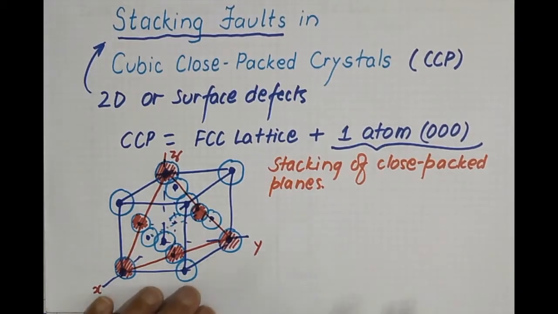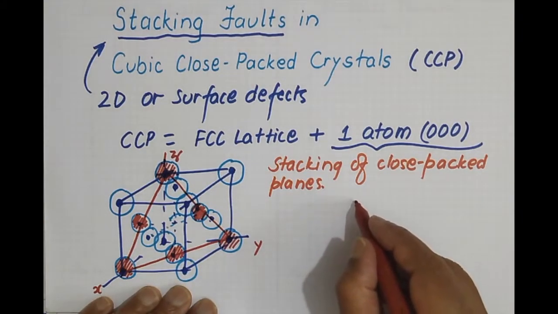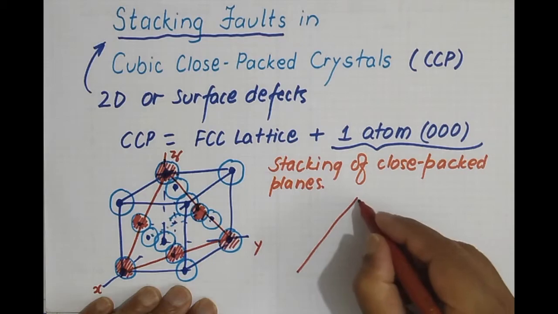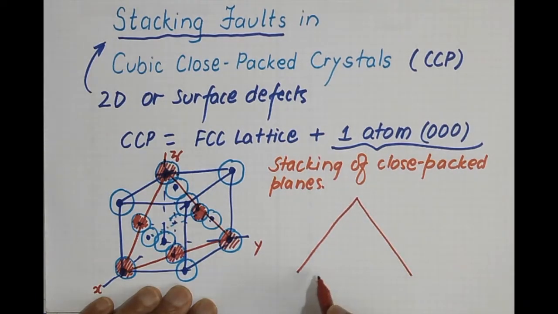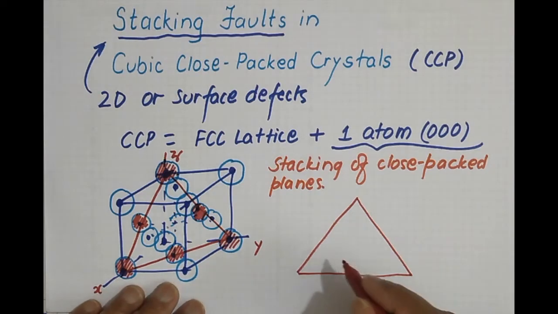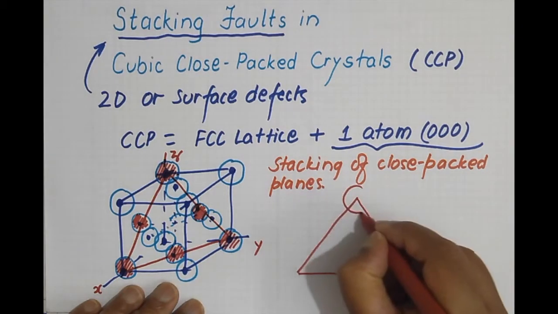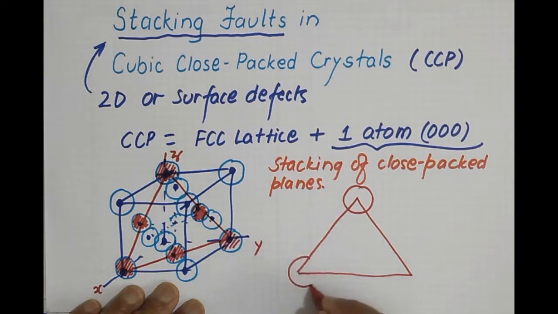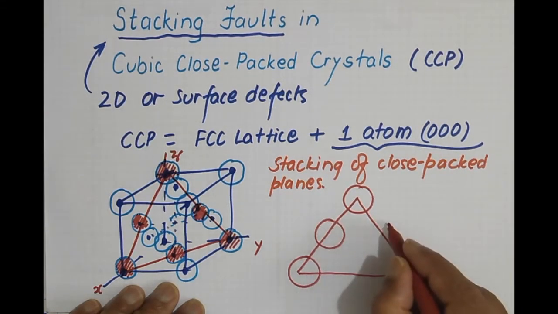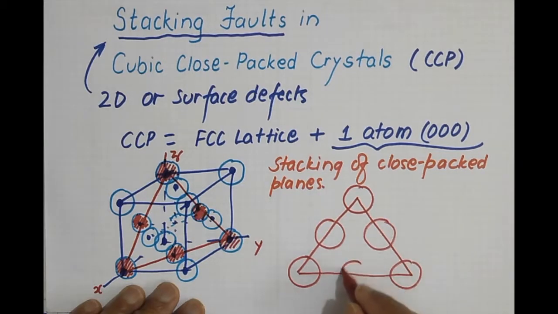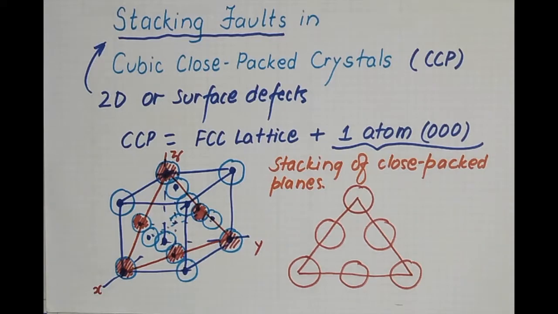So if I draw this now in plan here, it's an equilateral triangle because all three sides are the face diagonal of the same cube, so they are equal, and there are atoms lying on the corners and on the edges of this triangle.